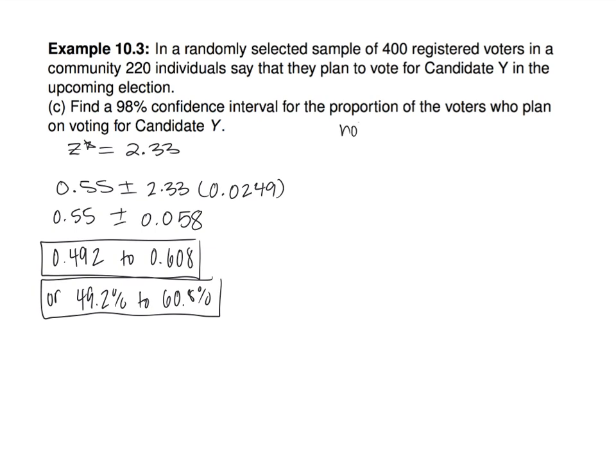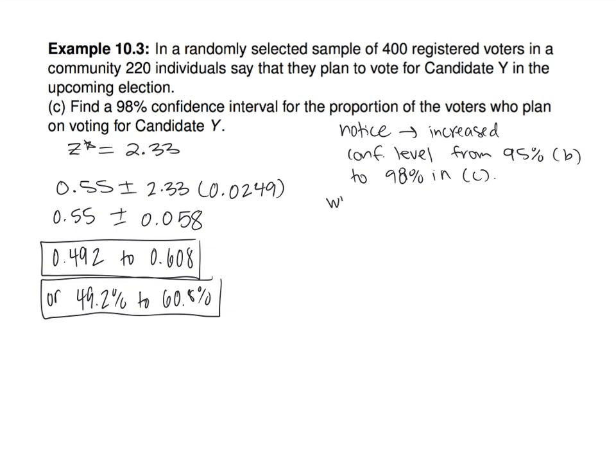And then also notice that we increased the confidence level from 95% in problem B to 98% in problem C. And my question is, what happened to the width?